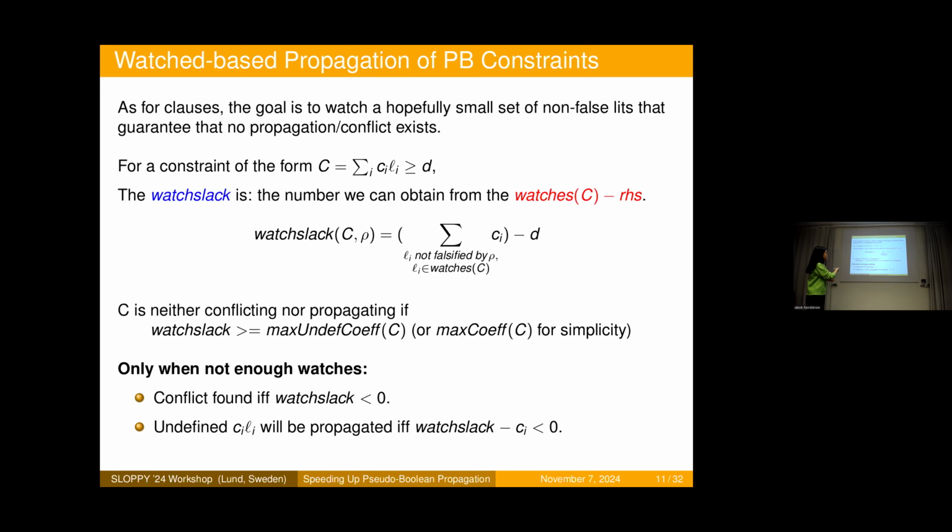Similarly, our goal is this one, and we also use the maximum coefficient for simplicity. If there are not enough watches, which means that we are watching all non-false literals in the constraint, at this time the watch slack is equal to the slack for the counter. So then checking the conflict or propagation will be the same as the counter.